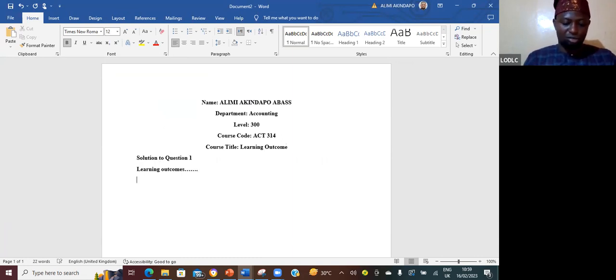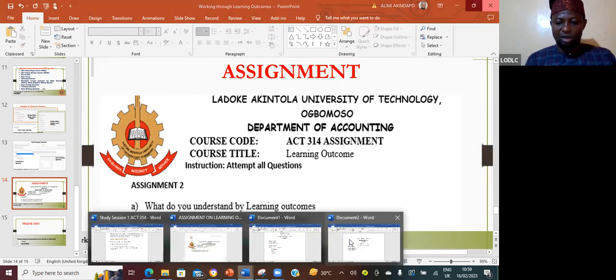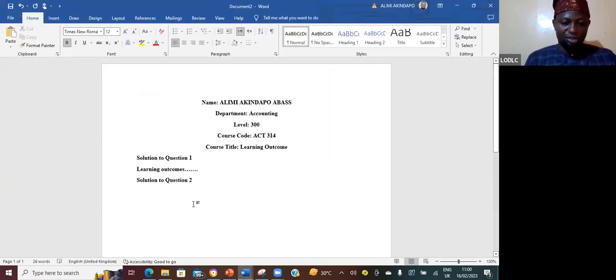Then solution to question 2. Question 2 talks about highlighting the objectives of learning outcomes. So you now say, highlight the objectives of learning outcomes.